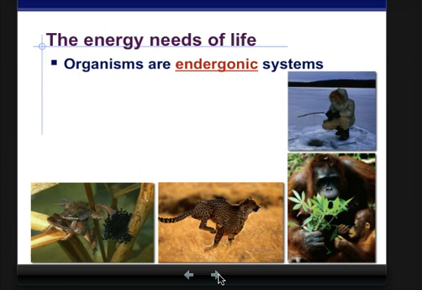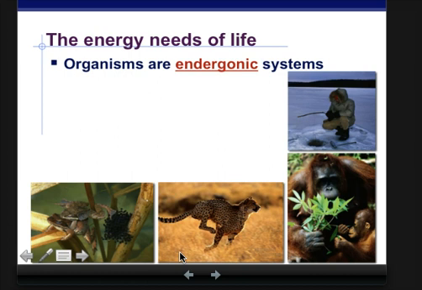Okay, the energy needs of life. Of course, life requires a lot of energy for a lot of different things. Organisms are endergonic systems, which is to say if you don't eat, you die because you run out of energy. So endergonic and exergonic definitions are on page 146.